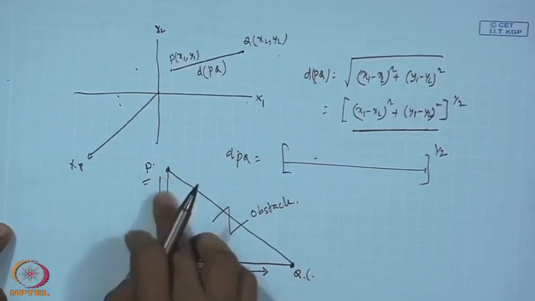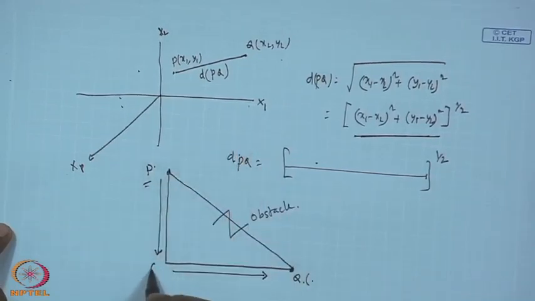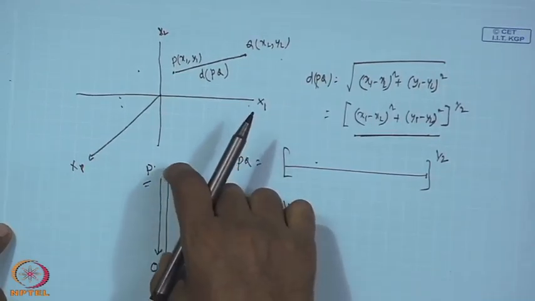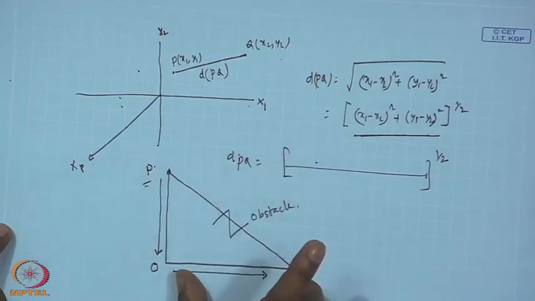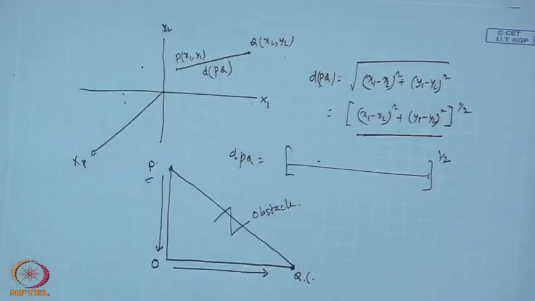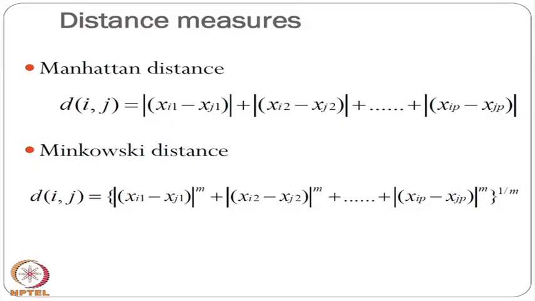Like Manhattan City roads, you are first covering this distance, then this distance. So this distance is the mod value of these things, this one plus this. Similarly, if there are more features or variables, you will be adding up to p features.